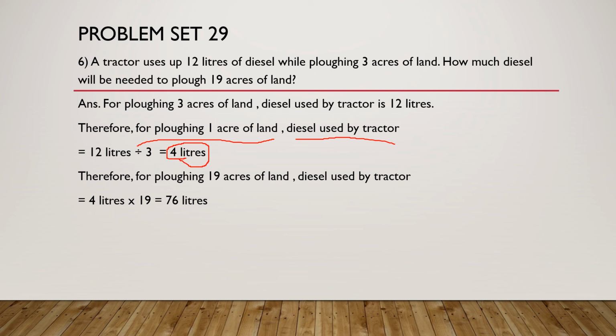So how much diesel will be required for plowing 19 acres of land? 4 liters multiplied by 19 gives us 76 liters. So for plowing 19 acres of land, 76 liters of diesel is required.